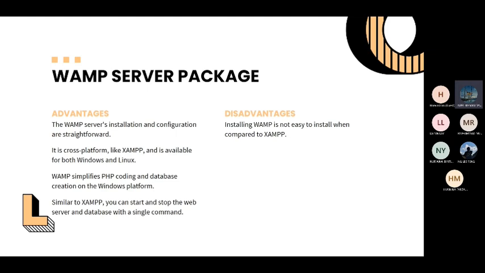WAMP also simplifies PHP coding and database creation on the Windows platform. Similar to XAMPP, you can start and stop the web server and the database with only a single command. While the disadvantage for WAMP is that it is not easy to install when we compare it with XAMPP.